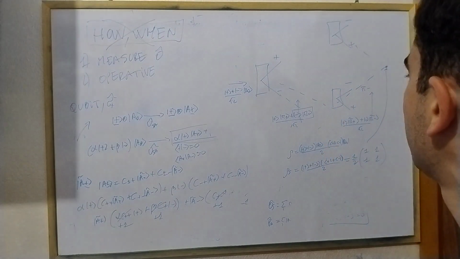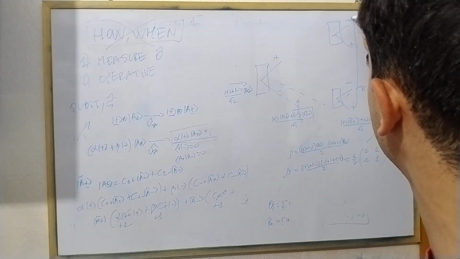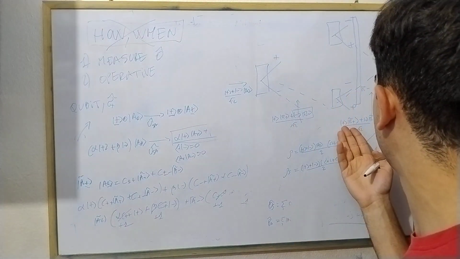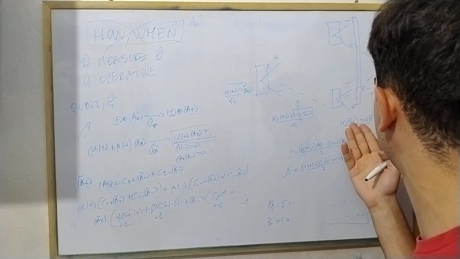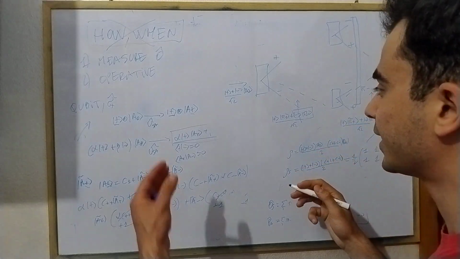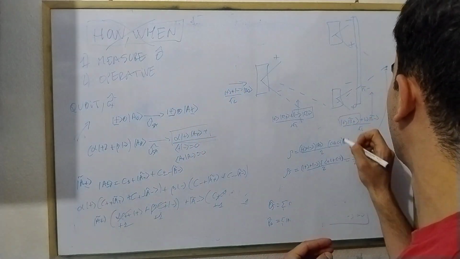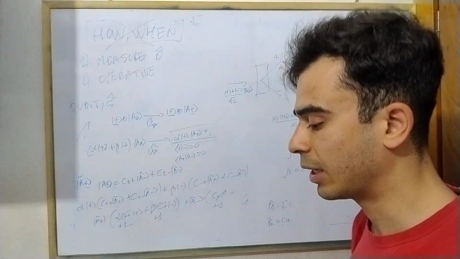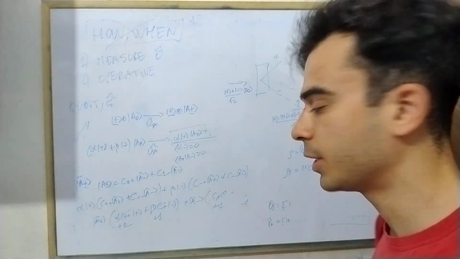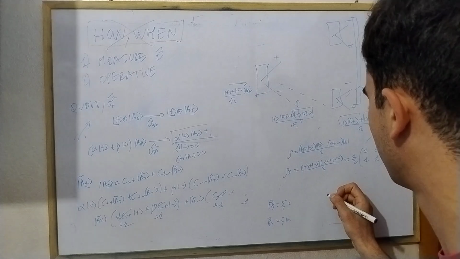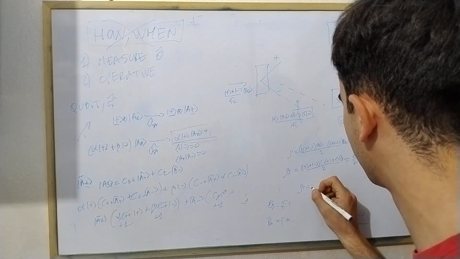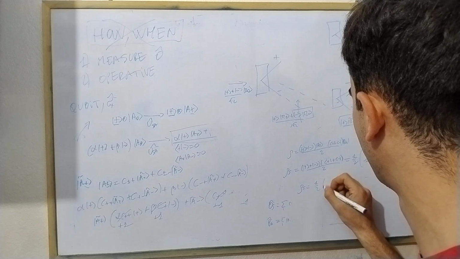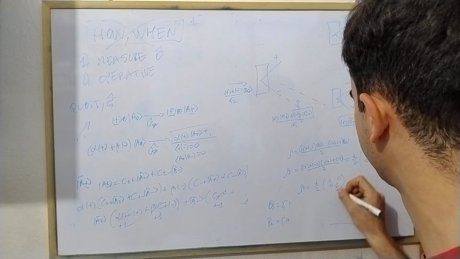Now let's consider instead to make a projective measurement of the position at this stage. What happens if we make a projective measurement of the position is that some particles will collapse in this state and some other particles in this other state. So what we will have at the end is a classical mixture of the two states, and so the reduced density matrix will not have off-diagonal elements, but will be 1/2, 1, 0, 0, 1.